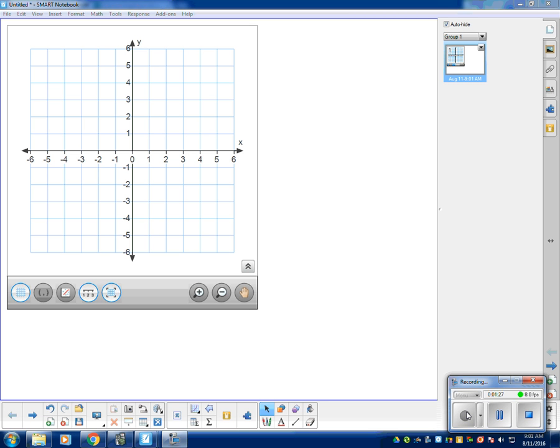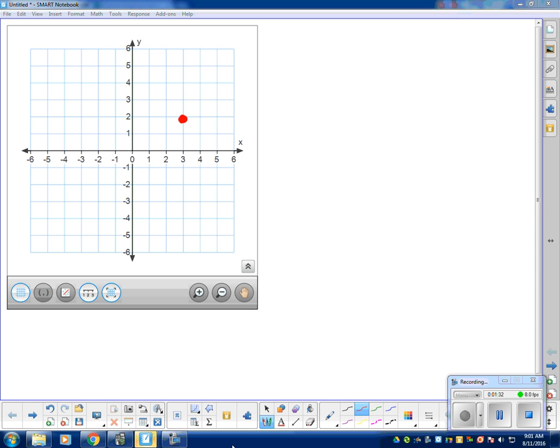If (3, 2) is on the graph, so go over 3 and up 2, to be x-axis symmetric, then this is (3, 2). The definition said that if (3, 2) is on the graph, then also (3, negative 2) is on the graph. So (3, negative 2) is on the graph, right?